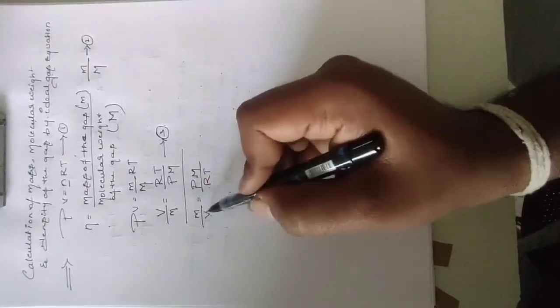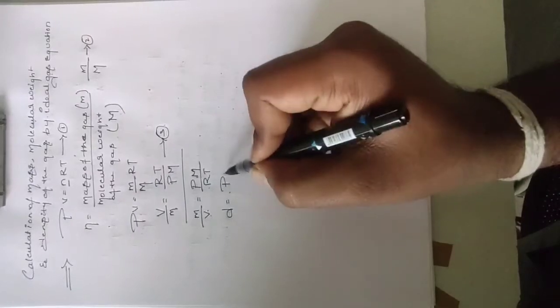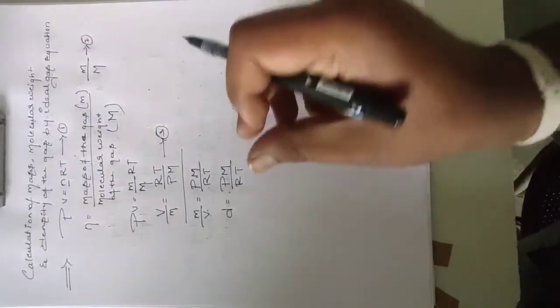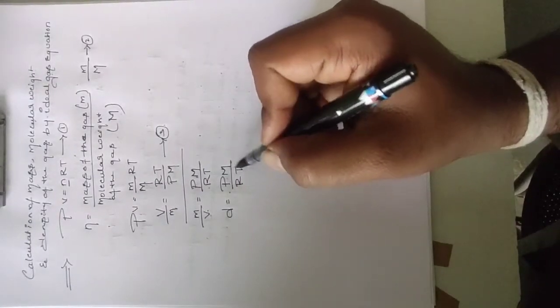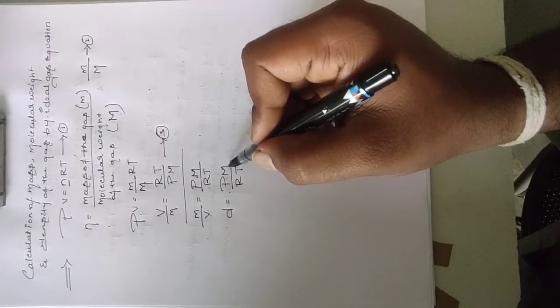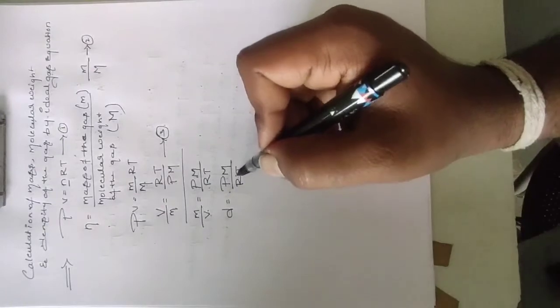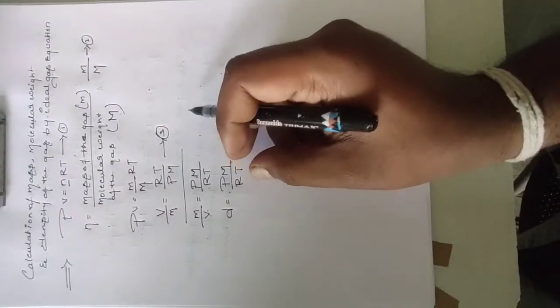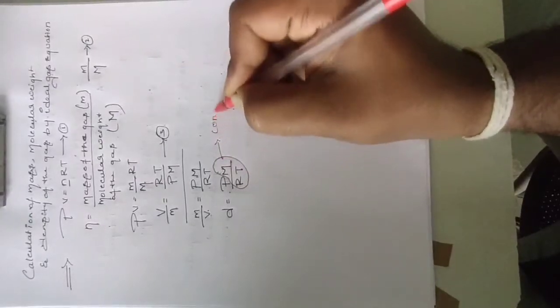We know mass by volume is nothing but density. So density is PM by RT. You see, at constant temperature, the molecular weight will also be constant, and the ideal gas constant R will also be constant. So this term is a constant.